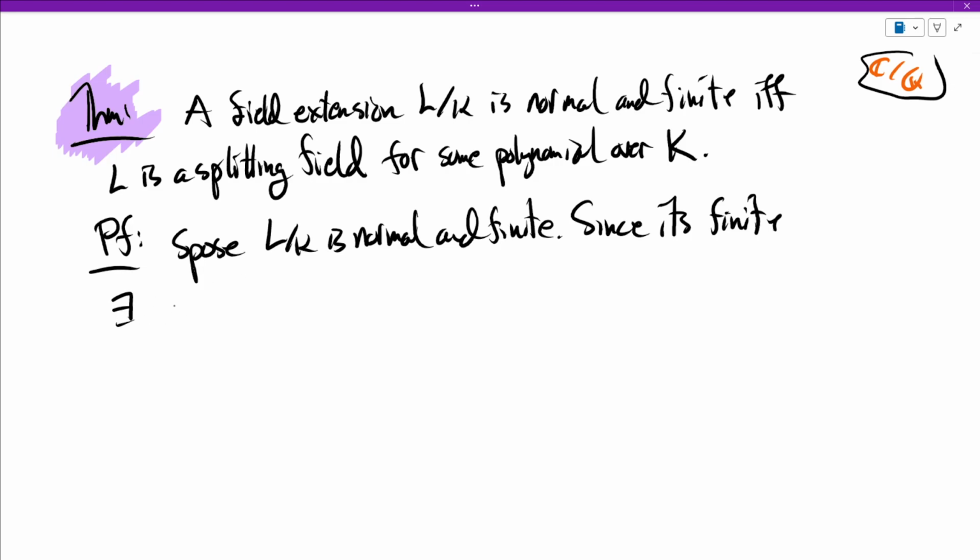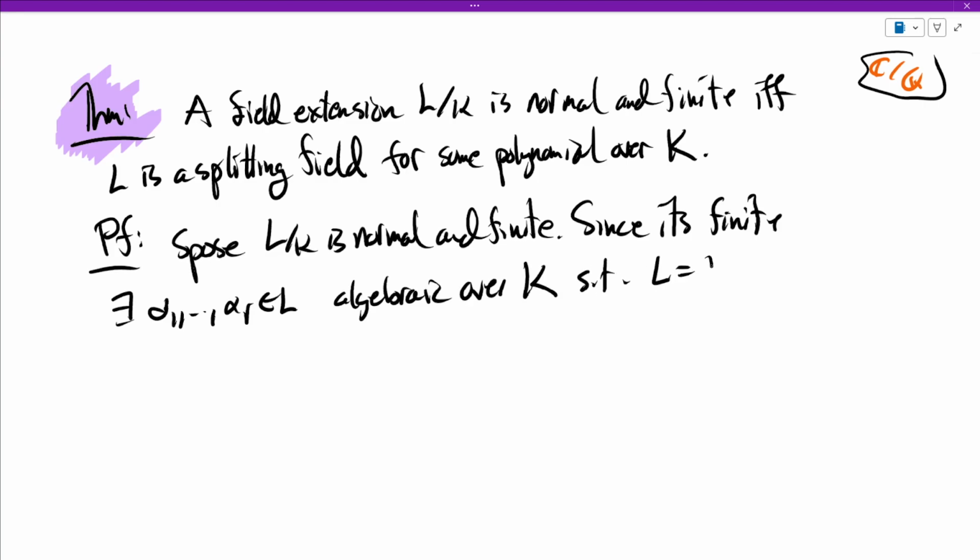So there exist alpha 1 through alpha r in L, algebraic over K. That was something we proved a while back: finite if and only if finitely generated by algebraic elements over K, such that L is K adjoin alpha 1 through alpha r.